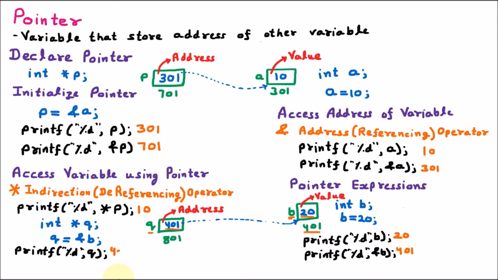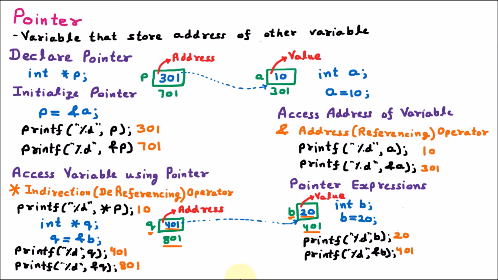So 401 will be displayed. Again, if we are writing printf, then %d comma, now address of q, here q has its own address which is 801. So 801 will be printed.